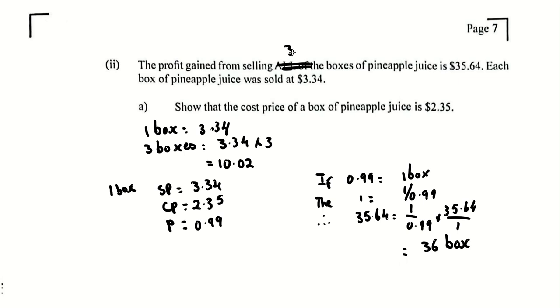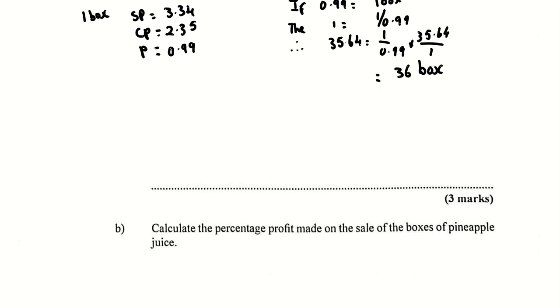If they told you this, then you could have shown that your cost price was $2.35 for one box. But that is not what was given, so I believe that this question just had an error, unfortunately. Yeah, so let's go on to the next question.